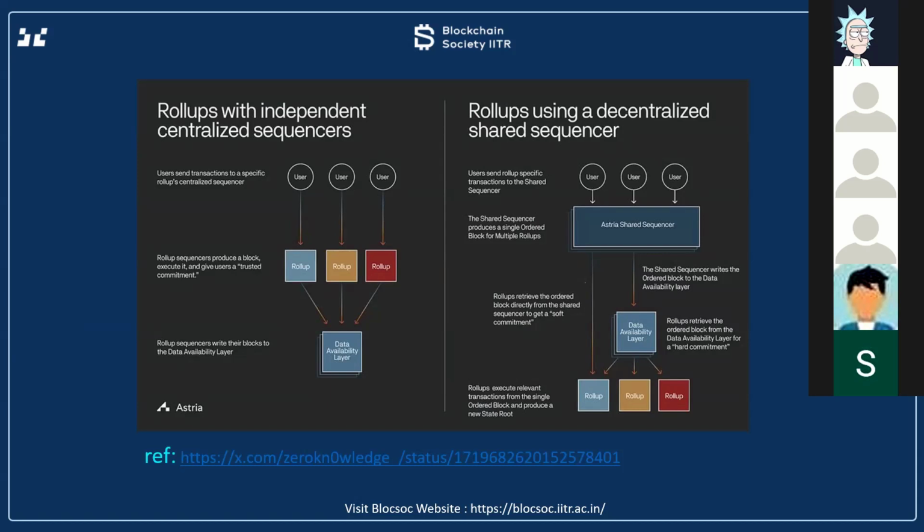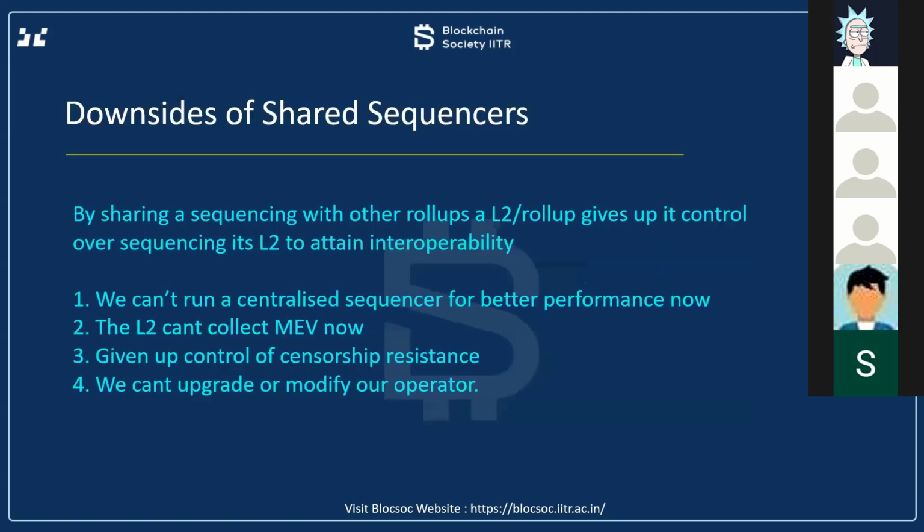I'm not sure if this will be executed on layer one, but I have included this. So this is a soft confirmation. And then the shared sequencer posts it on the data availability layer, and from there, on each rollup contract, the batch will be given. Then the rollups can extract the data for the state update that they want to make on their rollup design or L2.